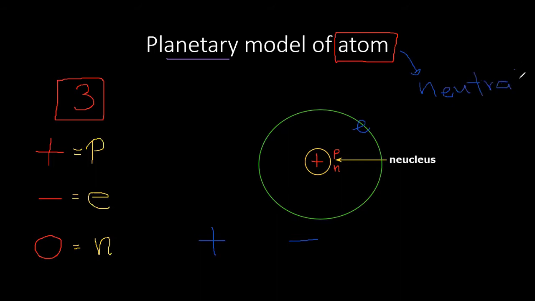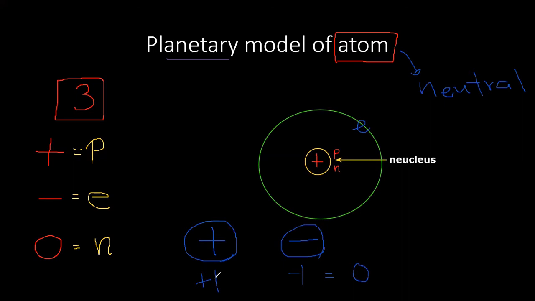Take positively charged protons and negatively charged electrons. If we have one proton, we should have one electron. So plus 1 with minus 1 gives 0 charge.